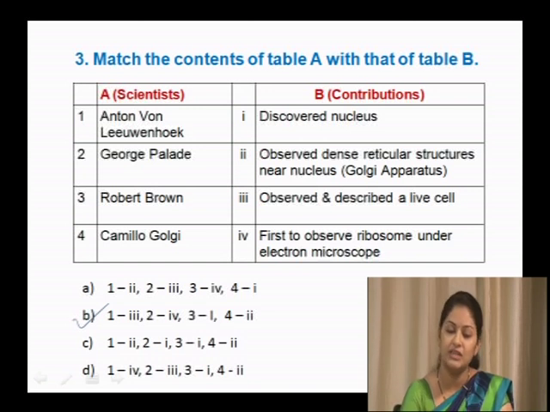And the contents of table B are: discovered nucleus; second one, observed dense reticular structures near the nucleus, which are referred to as Golgi apparatus; third one, observed and described a live cell; and fourth content is first to observe ribosome under electron microscope.